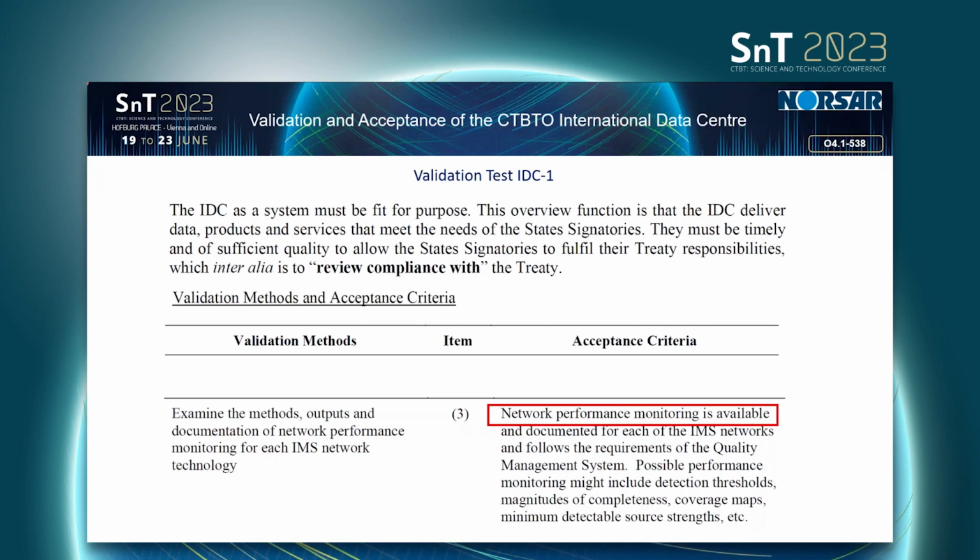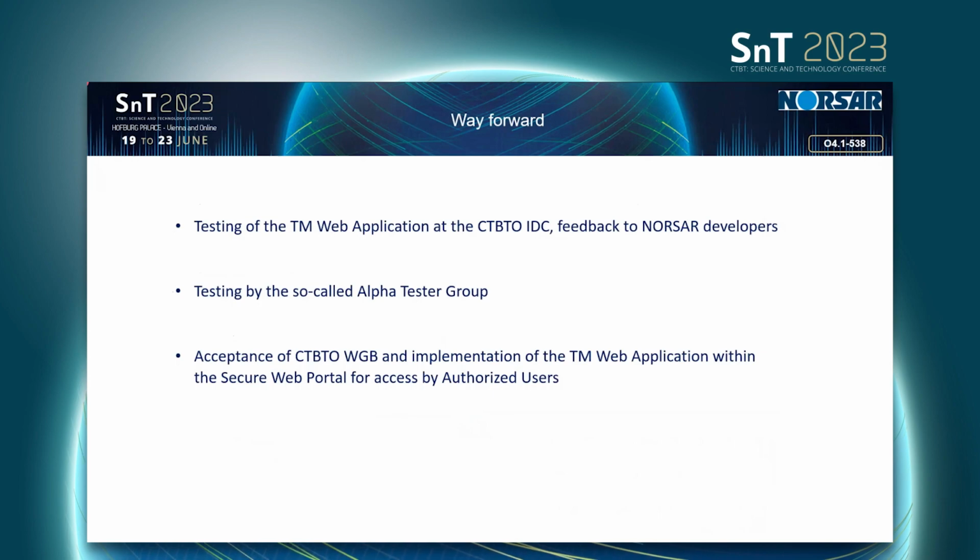And we believe that this methodology, which is general in terms of time and reference levels, can be a useful method for monitoring the performance of the IMS primary seismic network as a supplement to the other methods that are available. And again, this is a contribution from NORSAR. We are working together with colleagues at the IDC on this implementation, and we are hopeful that this will, at the end, become a success.